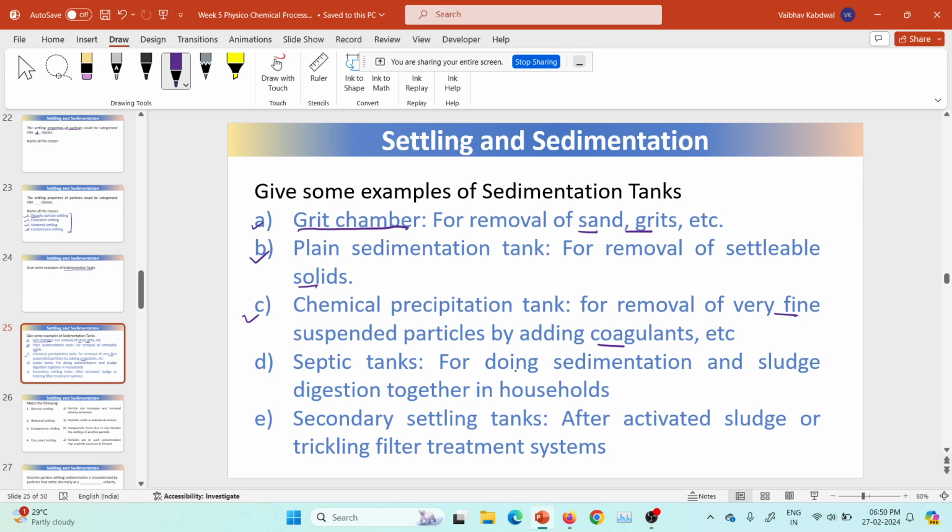Septic tanks in households do sedimentation and sludge digestion together. Secondary settling tanks are used after the activated sludge process, or after trickling filter treatment. So these are the applications of sedimentation tanks.